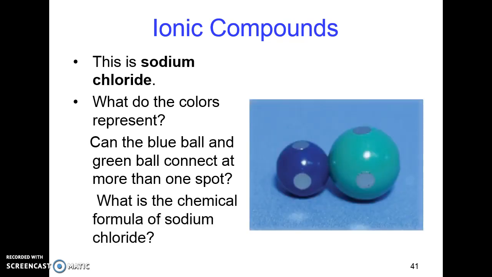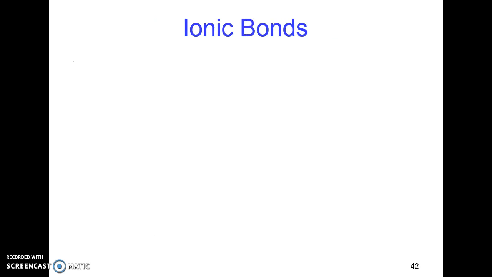Let's get that out. Here's a picture of it. What do the colors represent? Okay. And then right here, you've got a sodium and a chlorine atom, and they're going to stick together, and they form sodium chloride, which is an ionic compound, NaCl.